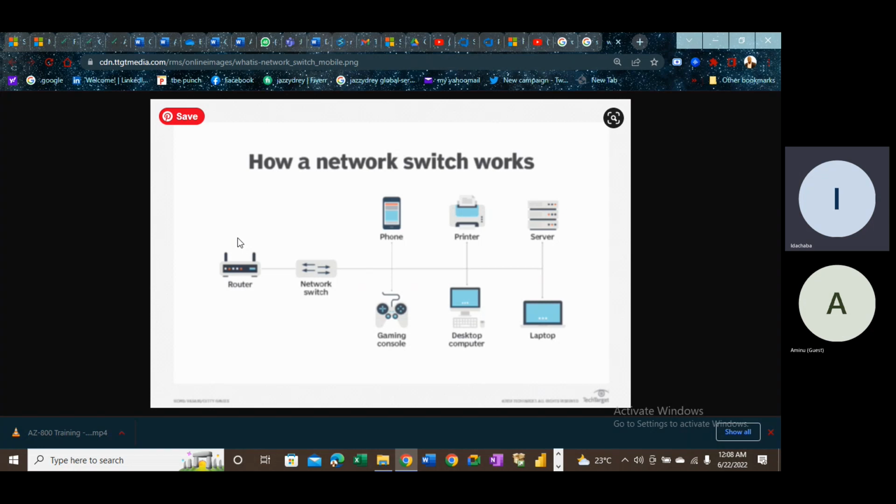All my devices, I don't want to say computers now, because devices connected to a network are now more than computers: your phone, your network printer, your server, your laptop, your desktop, your game console. What else do you think can be connected to a Wi-Fi network?